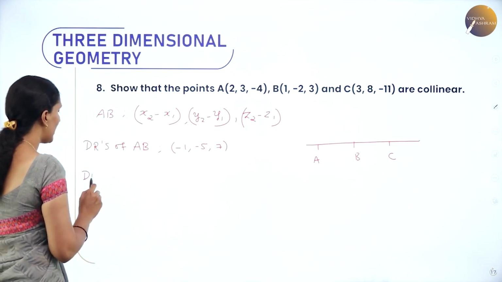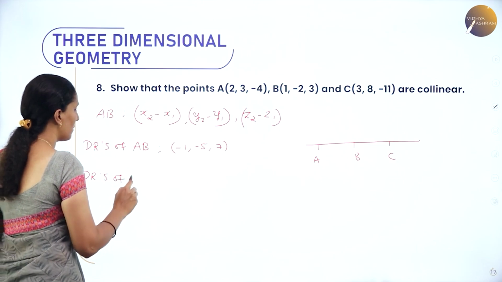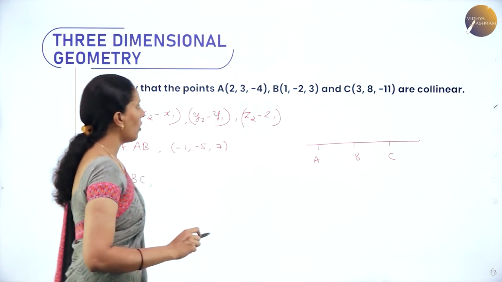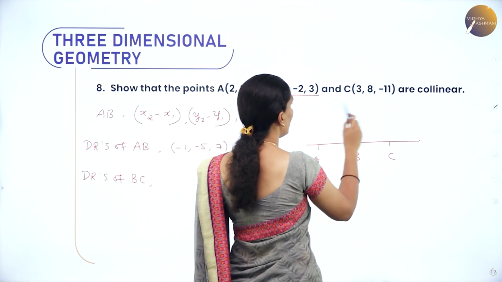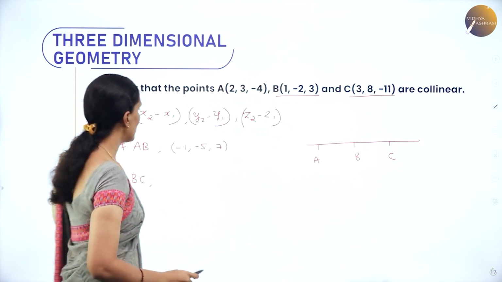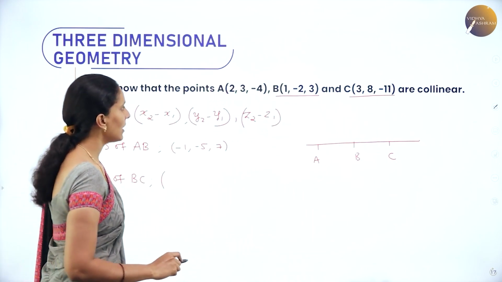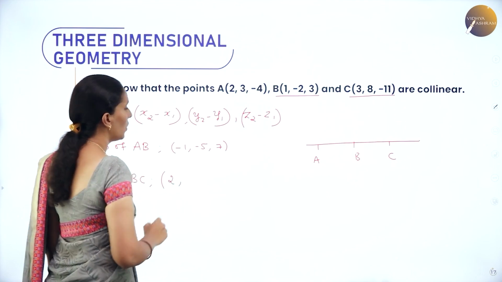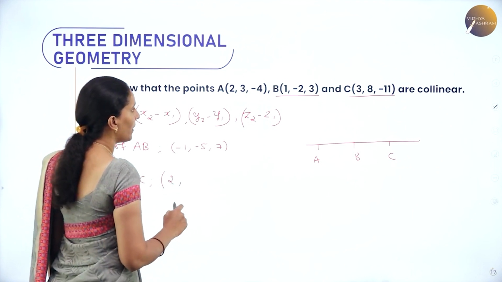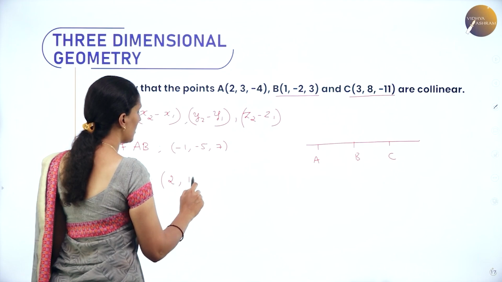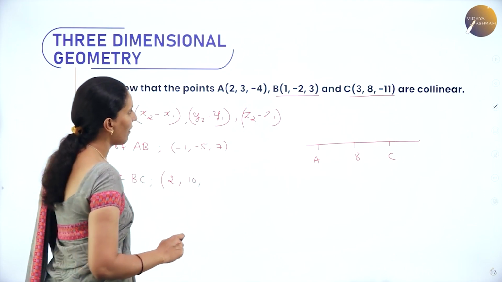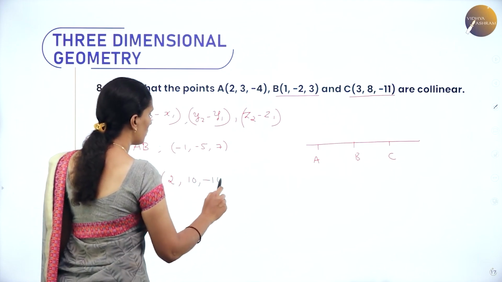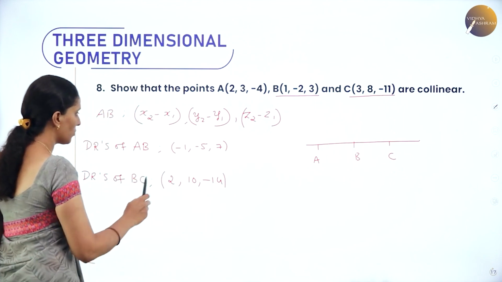Similarly, next I will take the direction ratios of BC. Now this is x1, y1, z1 and this is x2, y2, z2. So let us subtract. We have 3 minus 1, 2, comma, 8 minus of minus 2 we have plus 10, comma, minus 11 minus 3, minus 14.